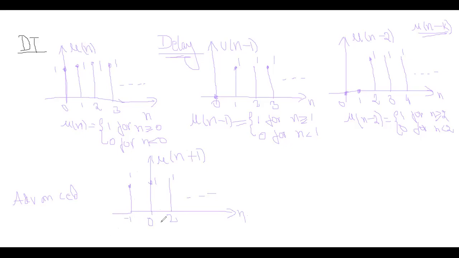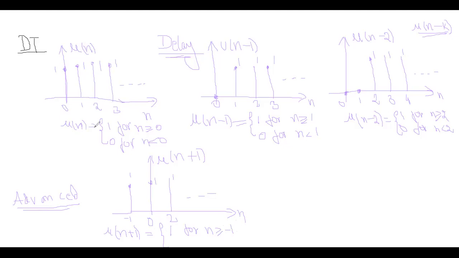What is the expression here? We'll get the expression mu of n plus 1 is equal to 1 for, what is it? It starts from minus 1. Minus 2 is a 0. Only it is shifted towards the left side, because it is advanced. 0 for n less than minus 1.